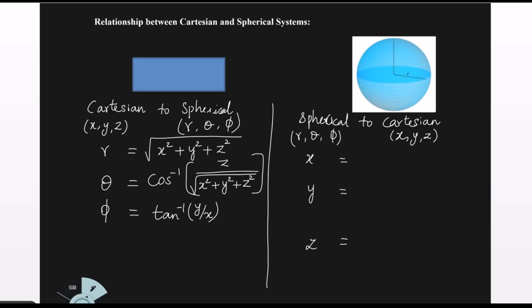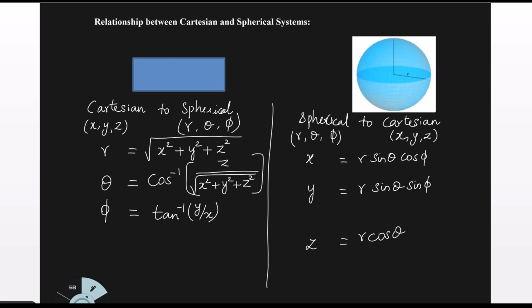To calculate x, the formula is x equals r sin theta cos pi, y equals r sin theta sin pi, z equals r cos theta. This is the relationship between the Cartesian and spherical coordinate systems. Memorize these formulas. We use them to convert one coordinate system to another.